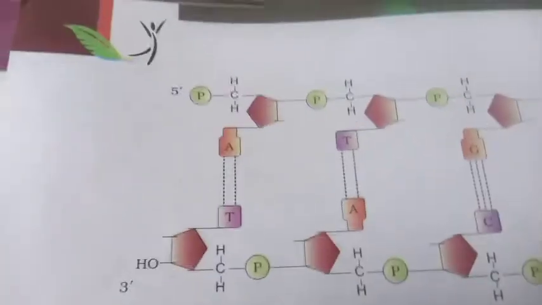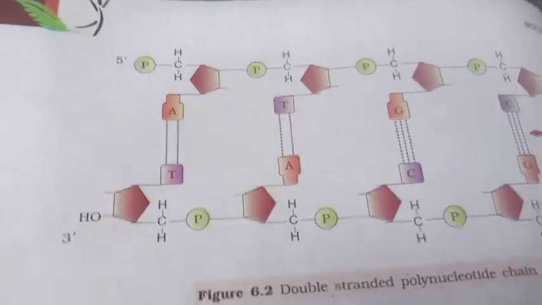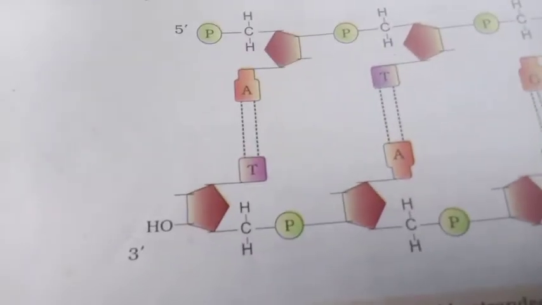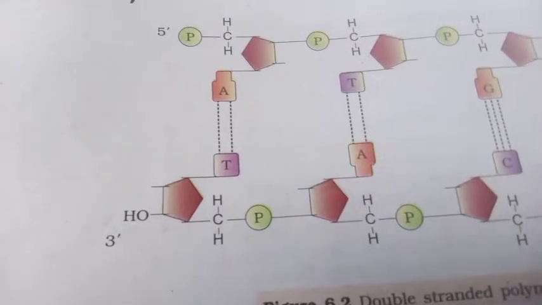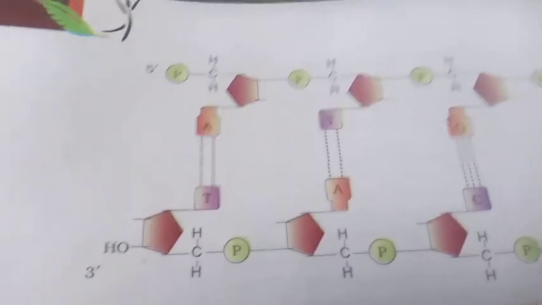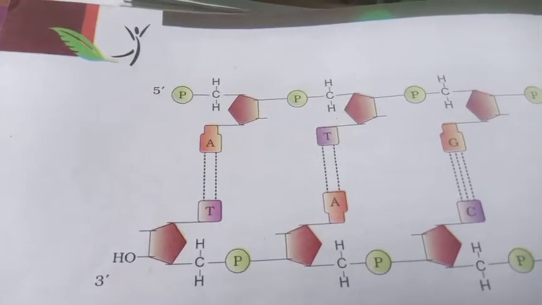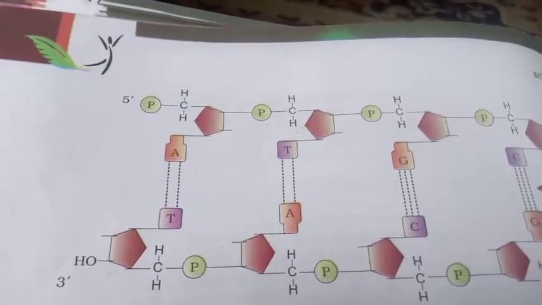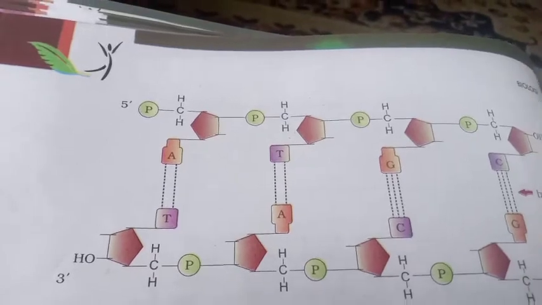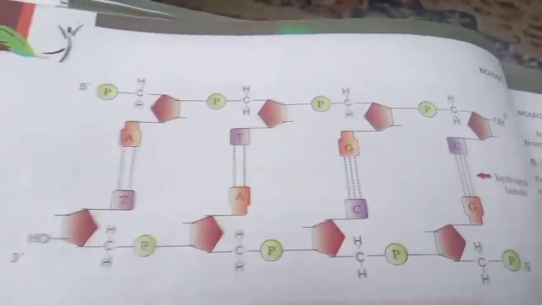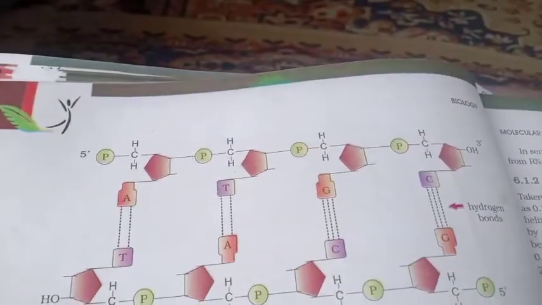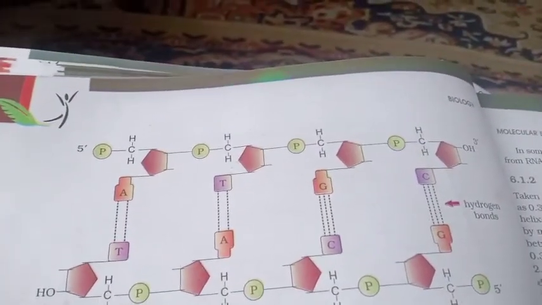And this is the open structure of this double-stranded polynucleotide chain. You can visualize here a pentose sugar and the phosphate moiety that form the backbone of the strand of the DNA, and in between, the two strands are connected through the nitrogenous bases. Adenine with thymine, guanine with cytosine.